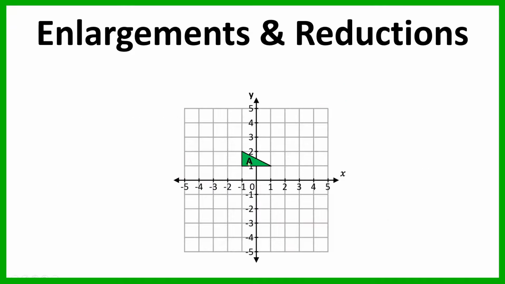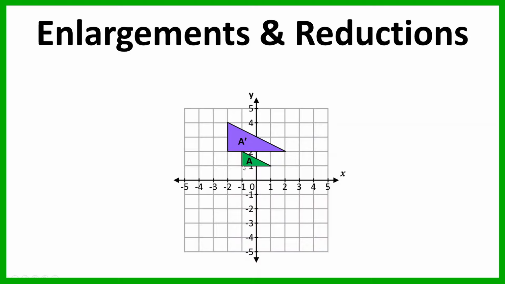So over here I've got an example with figure A, which is going to be enlarged by a factor of 2, with 0 as the center of the enlargement. So the distance from the origin to each point in the figure has now doubled because it was enlarged by a factor of 2. So this distance was one diagonal block. Now it is 2 diagonal blocks in the same direction.